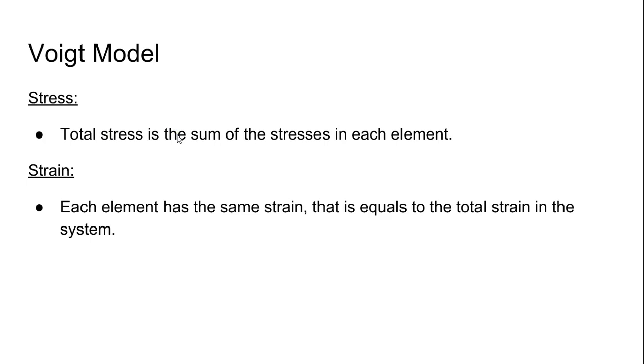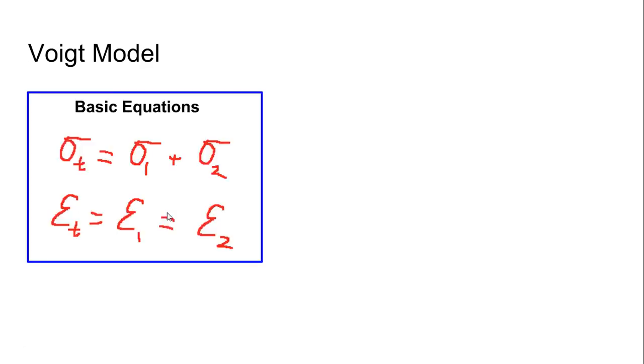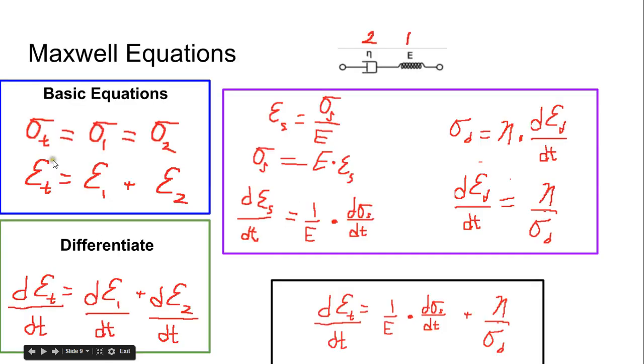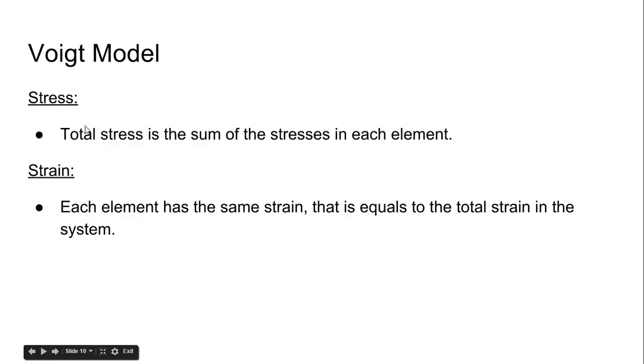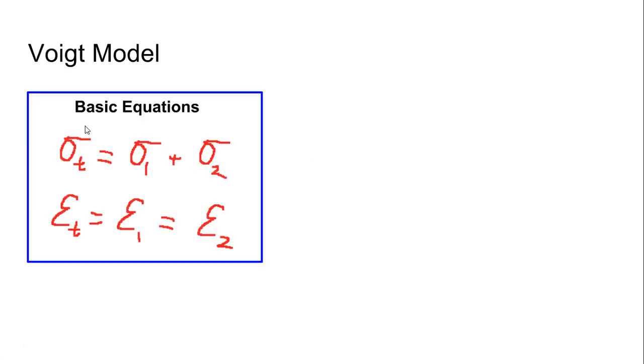But the strain is the same. So you just flipped the equation around a little bit, and now the equations look like this. Notice we're adding the stresses together to get the total stress, whereas if you go back to the Maxwell equations, we said that the stress was the same. And similarly, the strain is the same in this case.